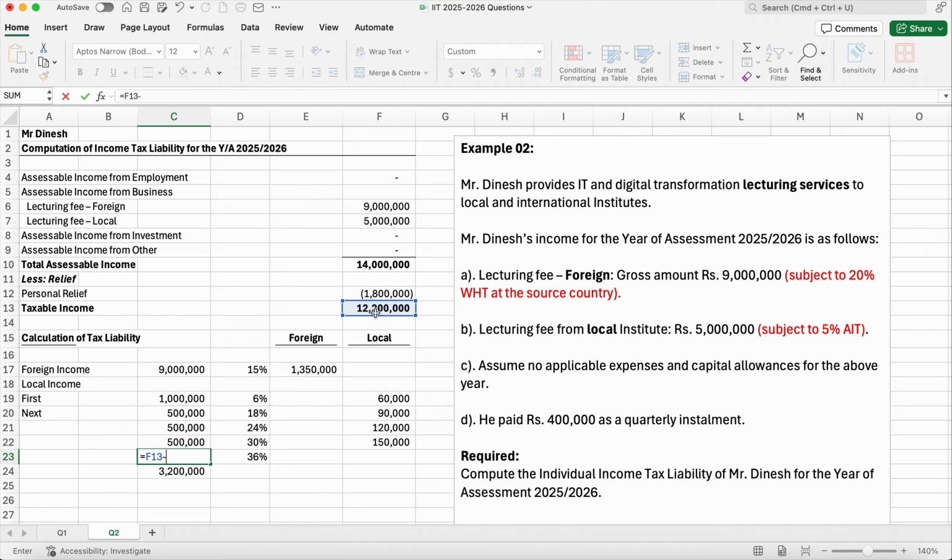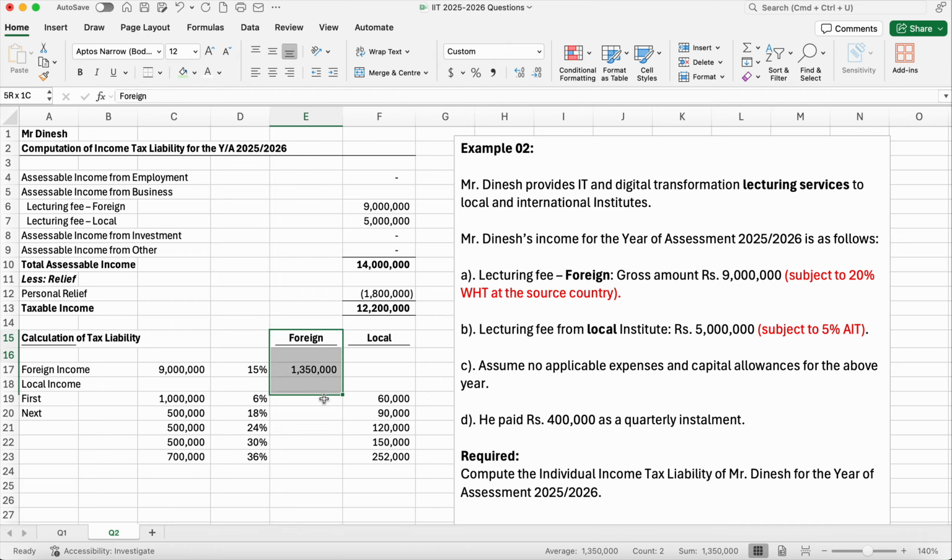So this one minus this is 7 million. Then 7 million multiplied by 36, right? Then foreign income, I took it in this row, this column, and then the local income, which is subject to tax, and then tax liability calculated under this column.